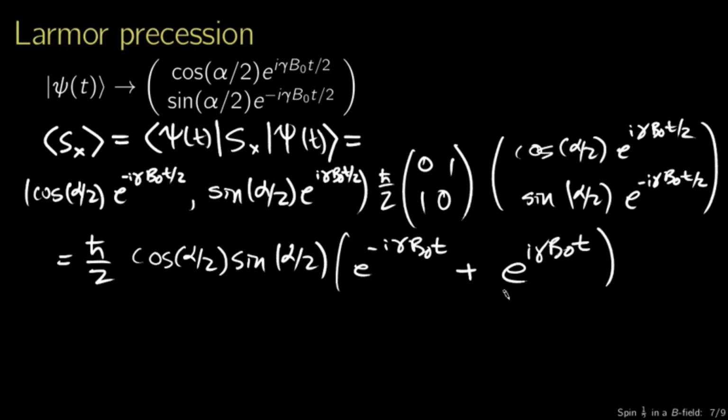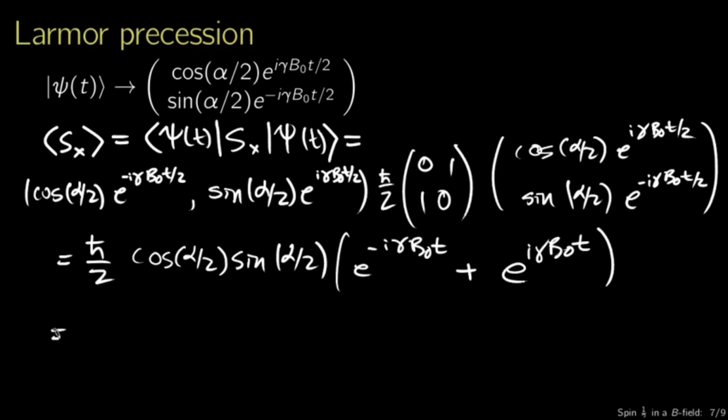Same form. You can probably tell what's going to happen now if you recognize cosine times sine from back in ye olden days when you were studying algebra and you were learning about trigonometric identities. That's why I had guessed alpha over 2 here. This is the double angle identity.